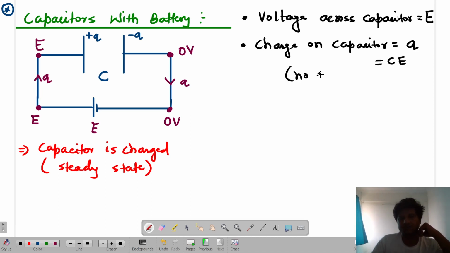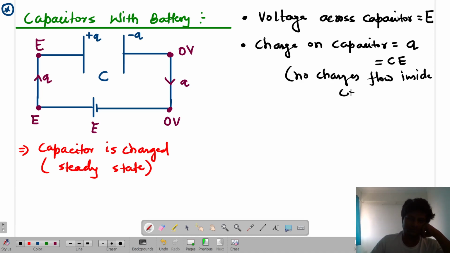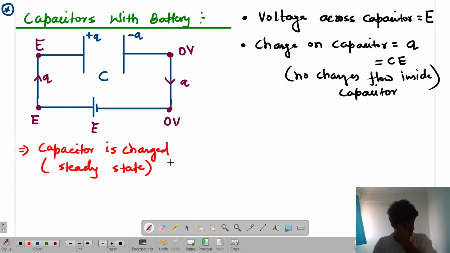Which means that no charges flow inside the capacitor. Are you able to get me? Third point, the meaning of this is that when the voltage is developed as E, then what will happen?